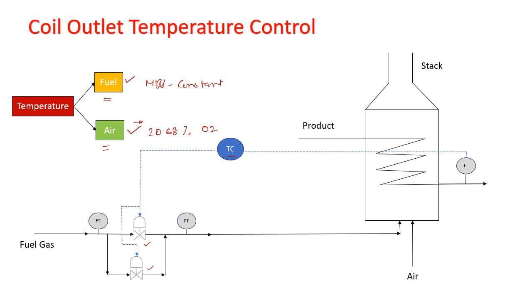One is a bigger size and another is smaller. That is used to increase the turndown ratio of the combination so that startup, normal operation and shutdown can all be covered.